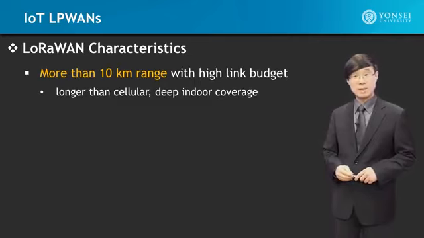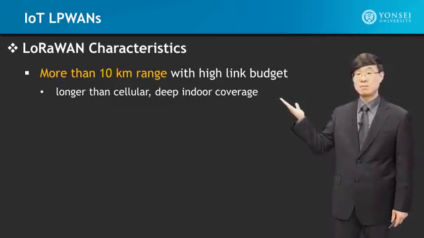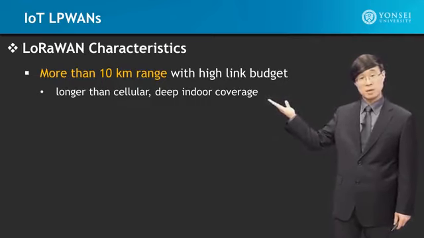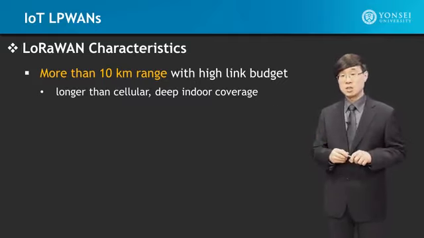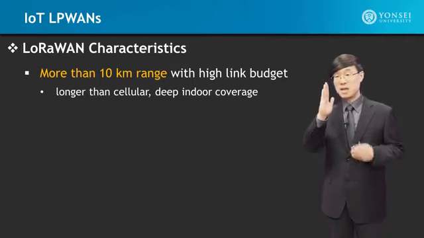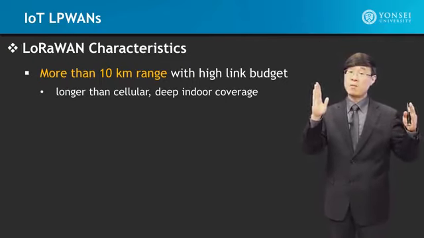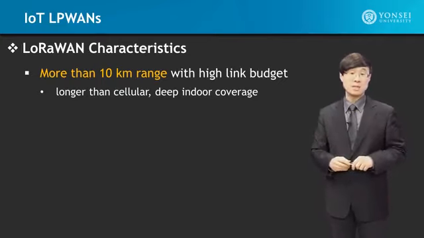The key characteristics: more than 10 kilometers in range with high link budget, very attractive, of course, longer than cellular. Really? What does cellular do? Well, cellular base stations have a range of typically up to about 5 kilometers or shorter. Typical ranges are about 1 kilometer.